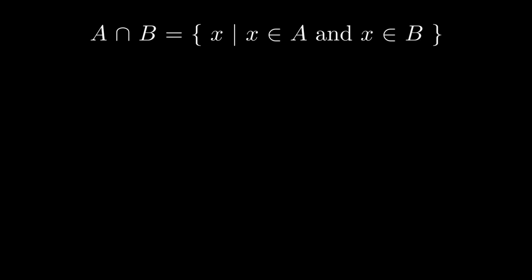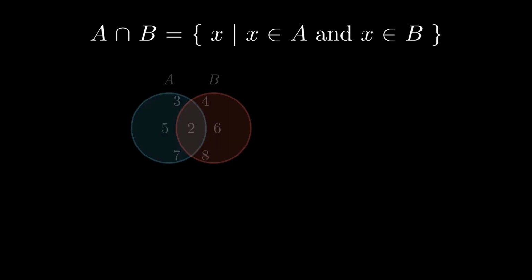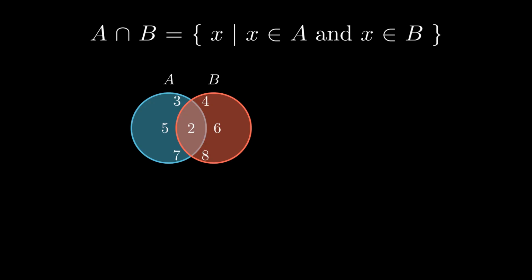Intersections are the shared elements between two sets. Formally, they are defined as the set of all x, where x is an element of A and x is an element of B. So once again, using our earlier example, the set defined by the intersection of A and B is simply the set containing 2, which we can represent by shading in the parts of the Venn diagram that overlap.